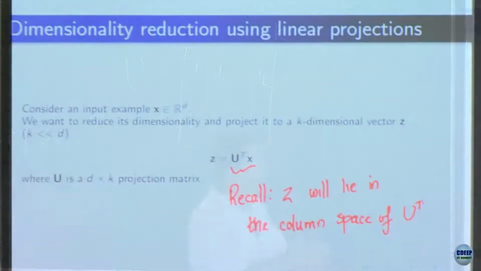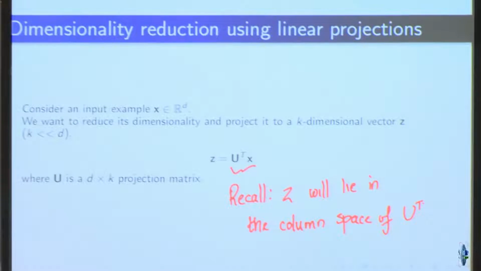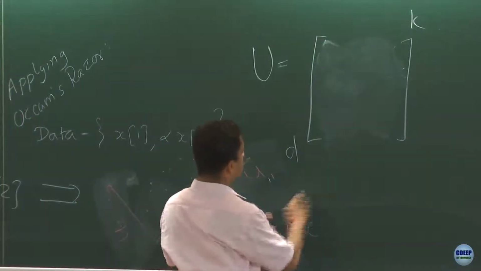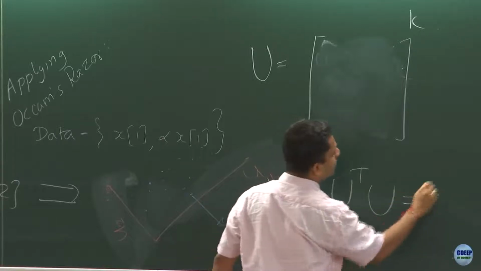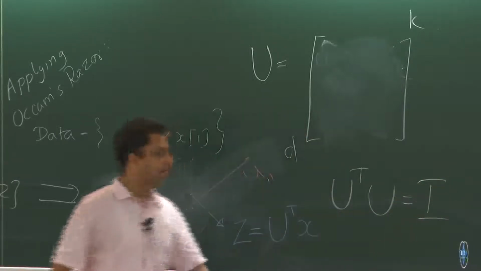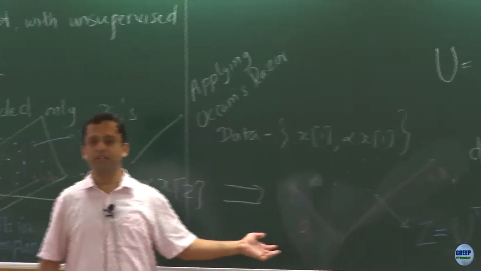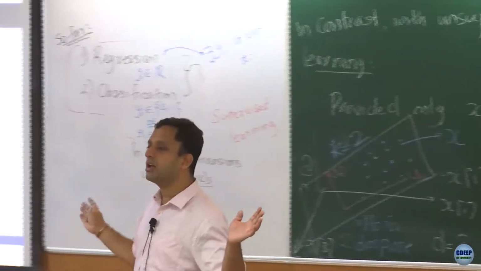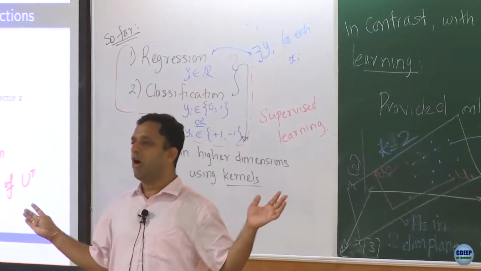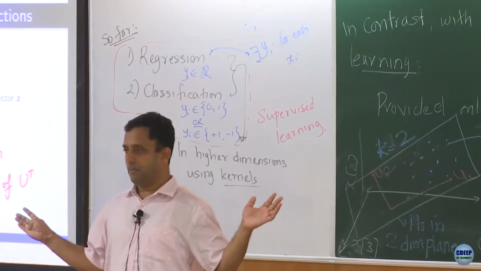So we will try and map whatever we are discussing on the slides to what is on the board. One more property I need of this U. This U is what is going to help me transform, right? So we also would like that U transpose U is identity. What we want is that their dimensions are orthogonal, right?